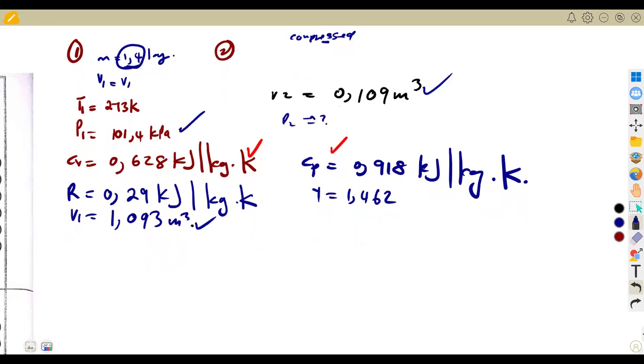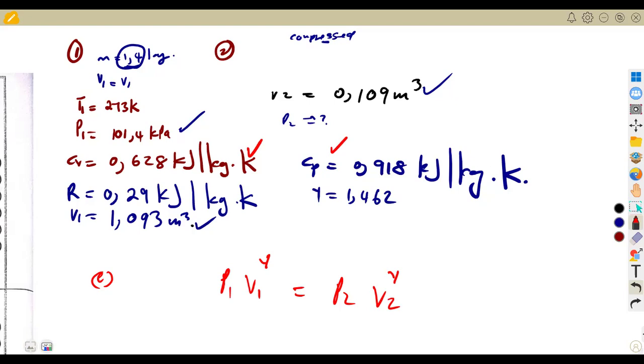From which formula? From our PV formula. But this one is no longer P1V1 equals P2V2. Because of the adiabatic process, there is gamma: we raise volume to the exponent of gamma. For a polytropic process, you use n. So there we can calculate P2.